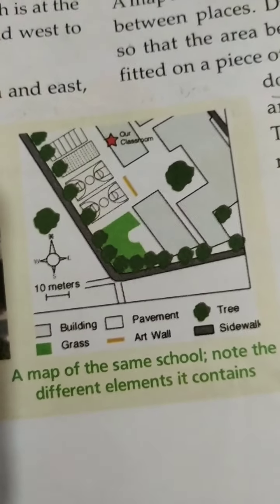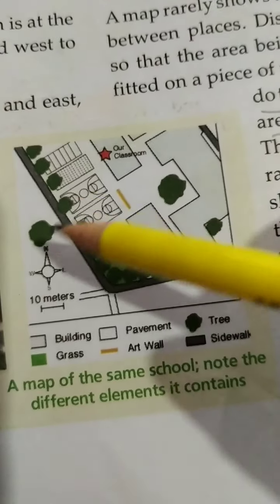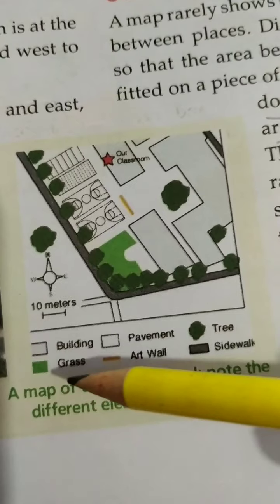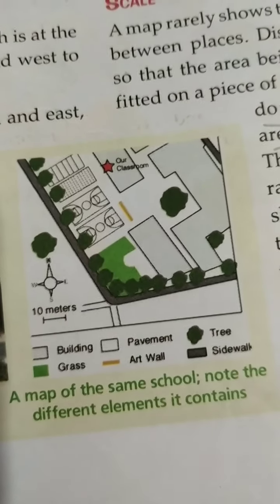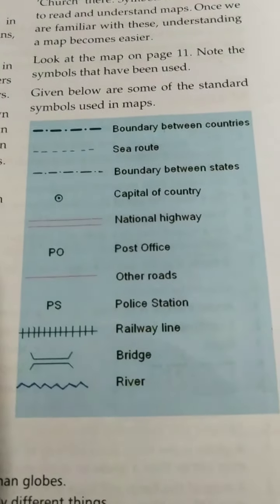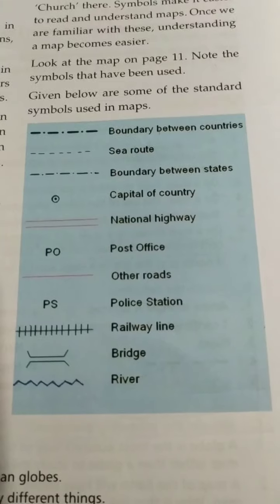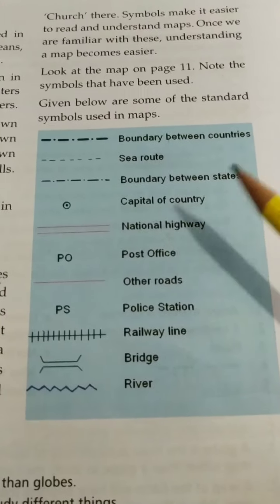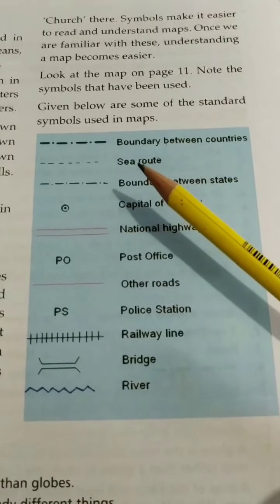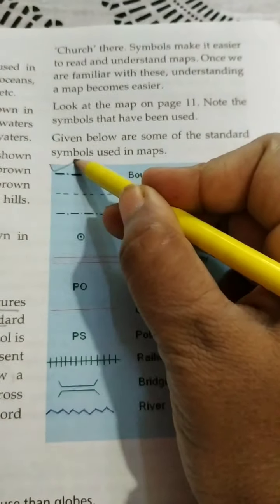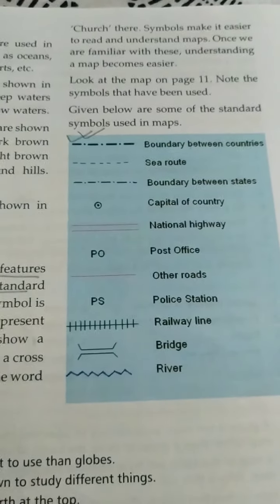Here you see directions given, the scale of the map, the building, the grass, the color, everything is used. Now you see here some standard symbols which are used in maps. See, and learn them by heart. Very important. These are the symbols.